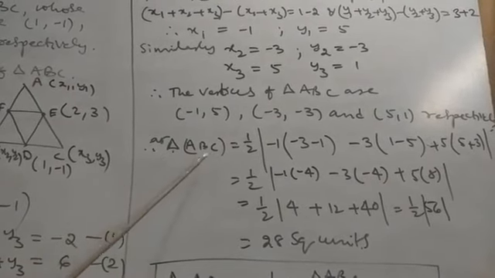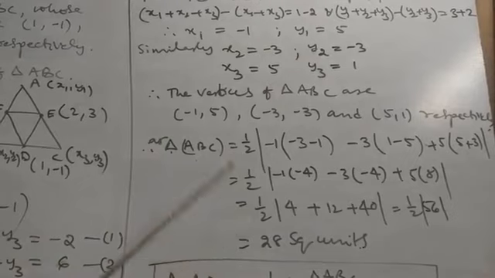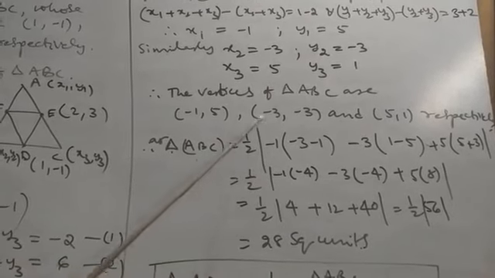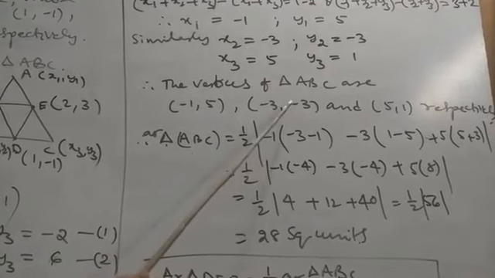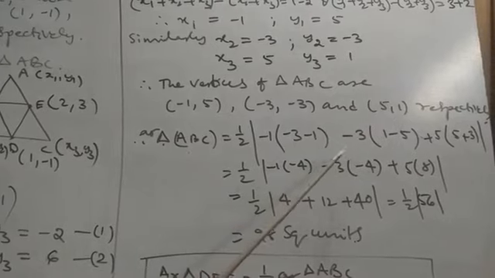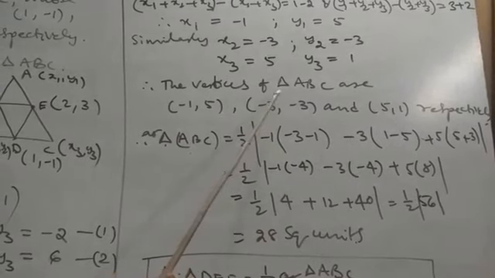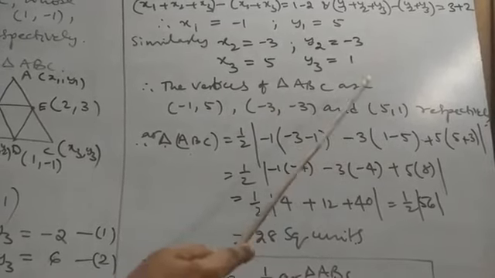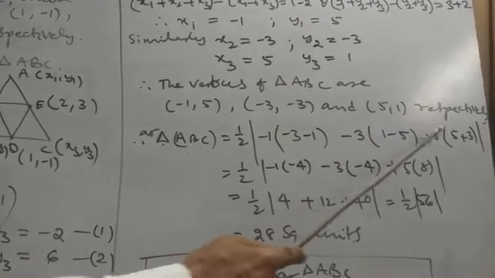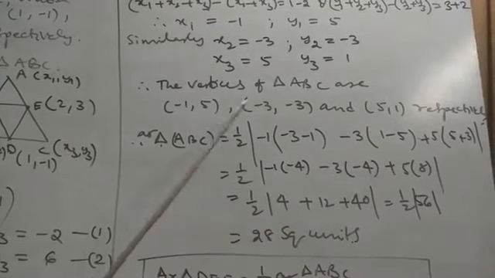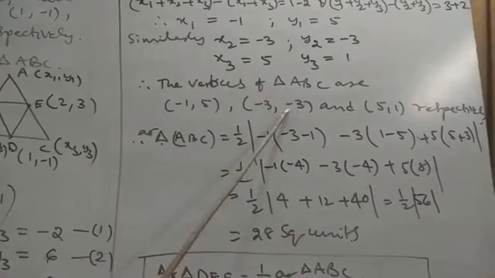Now area of triangle ABC equal to half of [-1(-3 - 1) - 3(1 - 5) + 5(5 - (-3))].